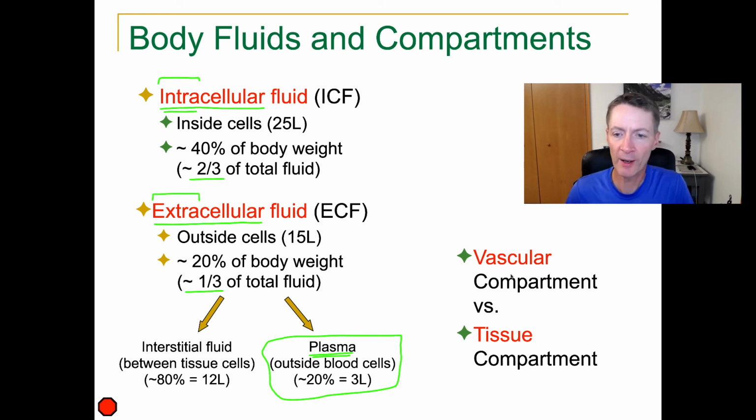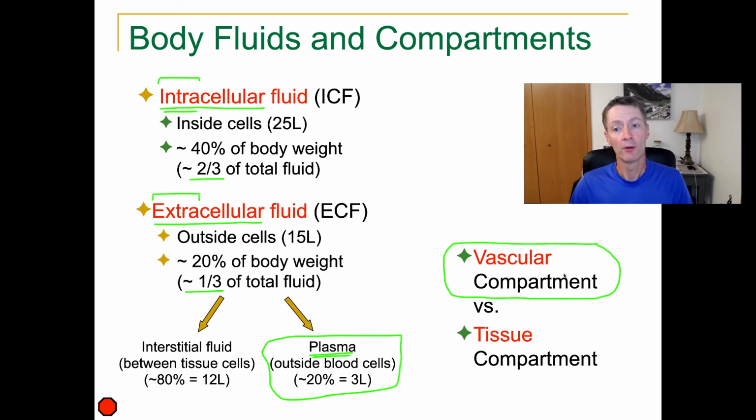So we could talk about the vascular compartment where the blood is, and we could talk about intra and extracellular fluid there in the blood. I guess it would be just another way of talking about the blood, right? We'd say in the vascular compartment we have a certain amount of fluid. And what we're really saying when we say that is we have a certain amount of blood.